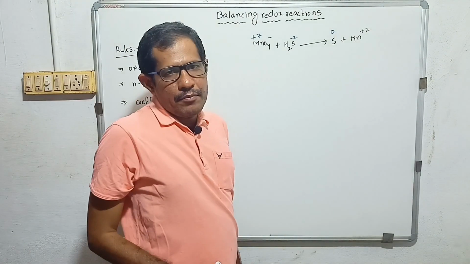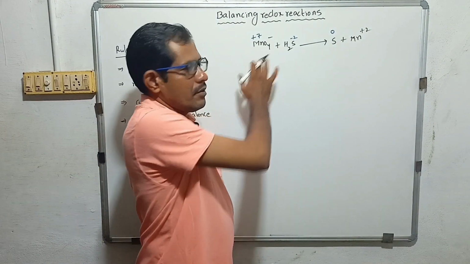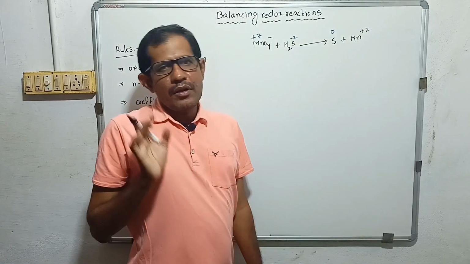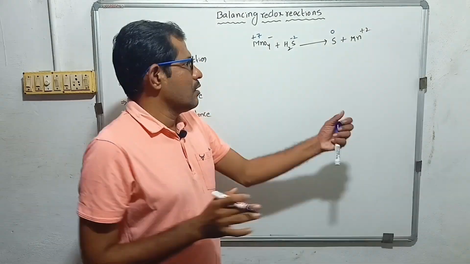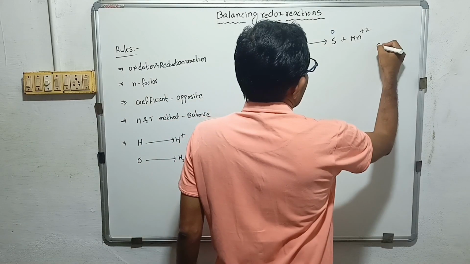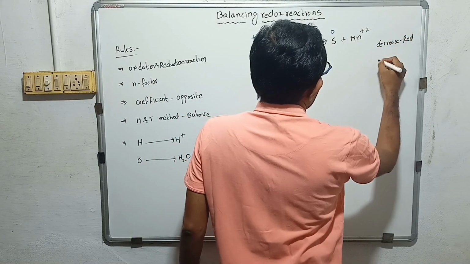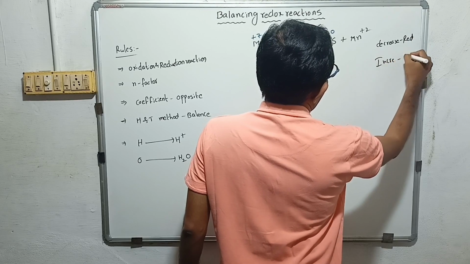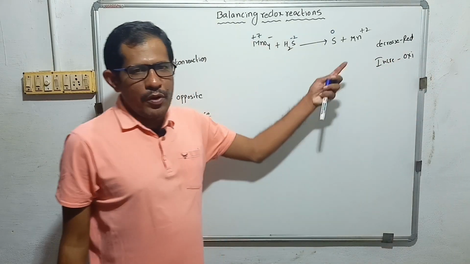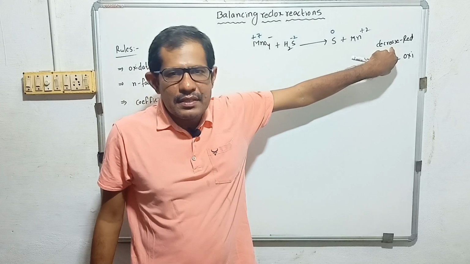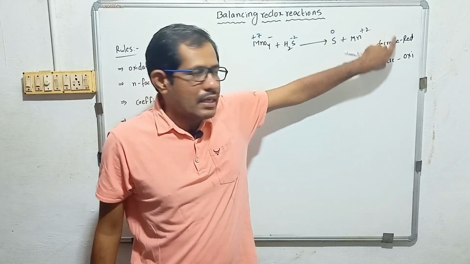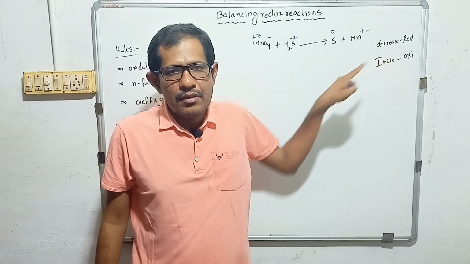After finding the oxidation number, we need to find which is undergoing oxidation and which is undergoing reduction. Decrease in oxidation number is reduction. Increase in oxidation number is oxidation. Remember those two points.